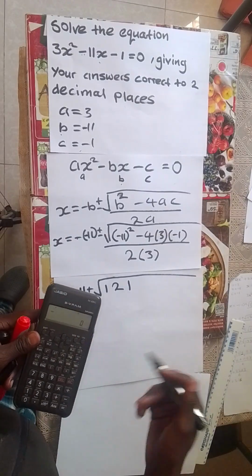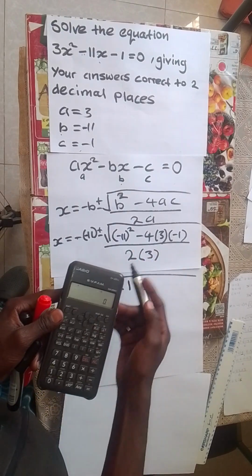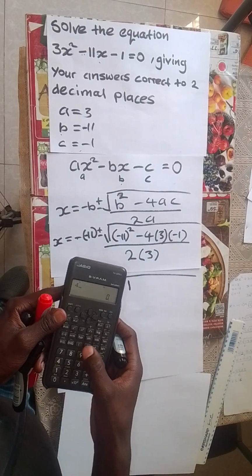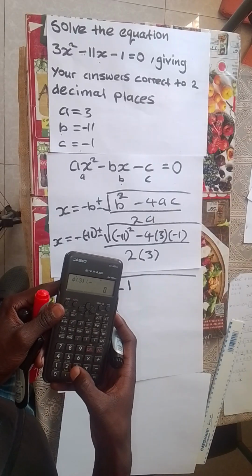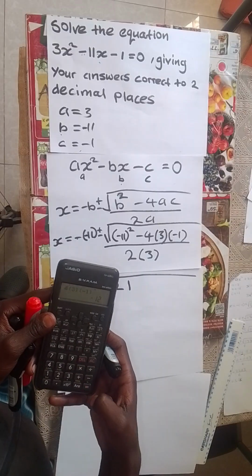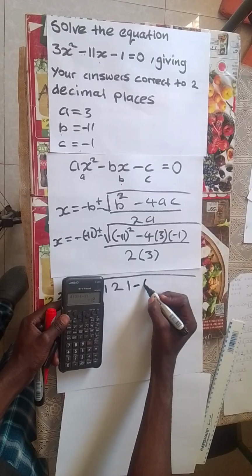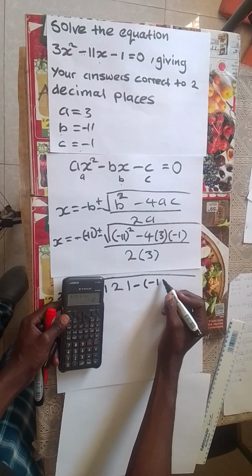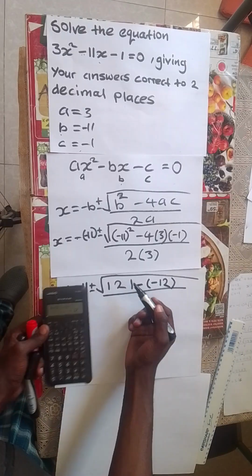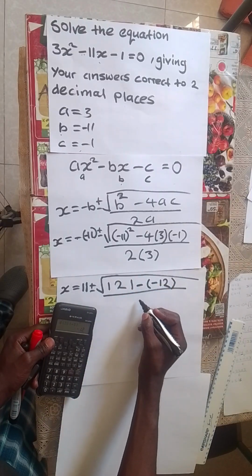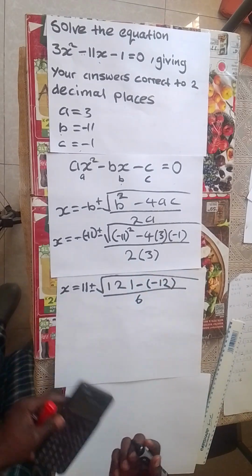So now I'm going to say 4 times 3 times negative 1. I'm getting a negative 12. 2 times 3, I'm getting a 6.